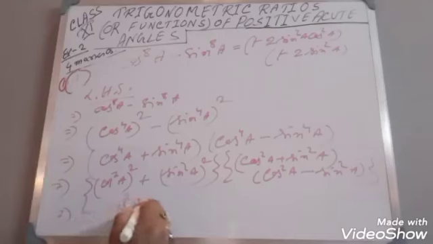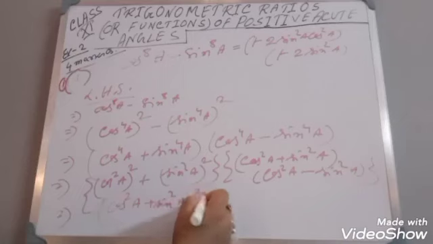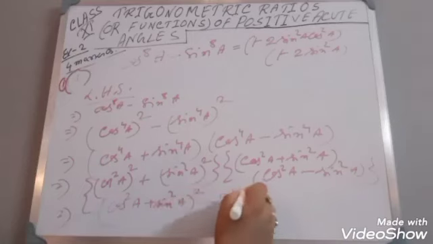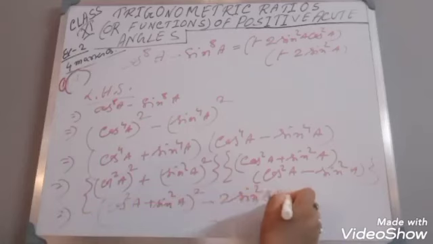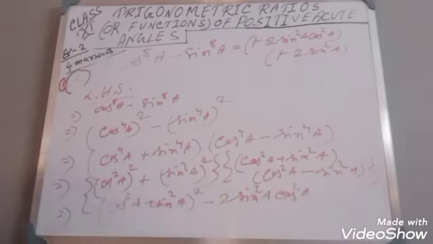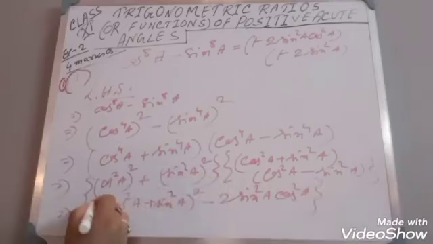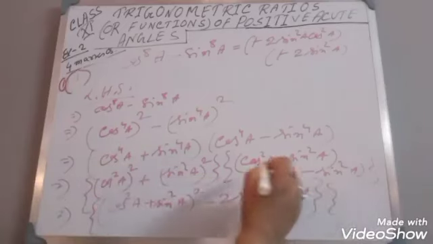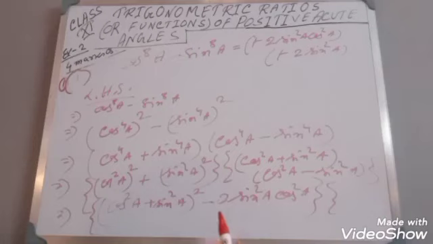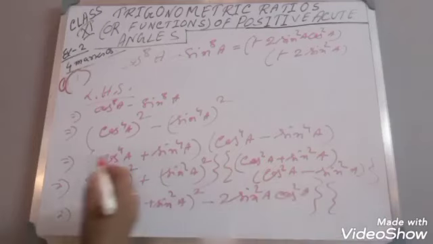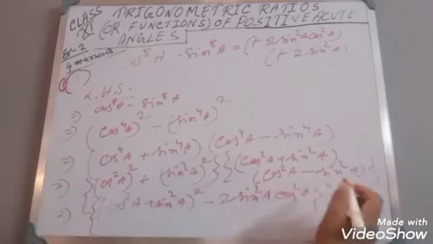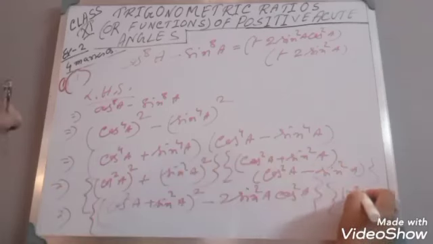As we know, a is cos square a, b is sin square a, so a plus b whole square minus 2 sin square a cos square a, minus twice ab into this part. Cos square a plus sin square a is equal to 1. So it is coming cos square a minus sin square a. Cos square a means 1 minus sin square a. So it is coming 1 minus 2 sin square a.